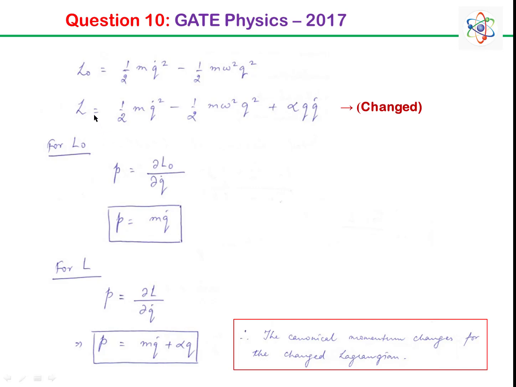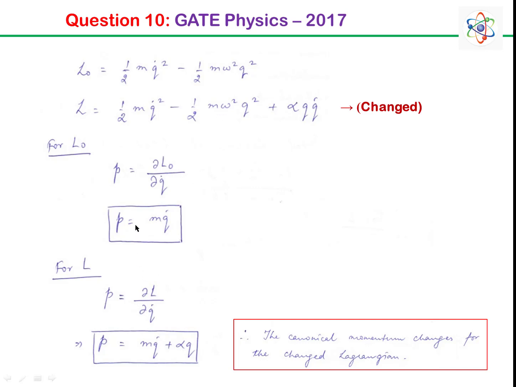Similarly, if I do it for this L, then I find that my P for this L comes out as m q dot plus alpha q. So we have q dot over here and we have q dot over here, so these two terms come in the differentiation and this term becomes 0.